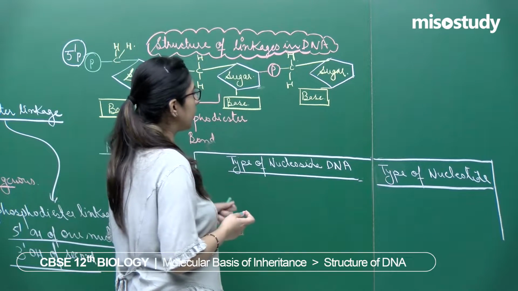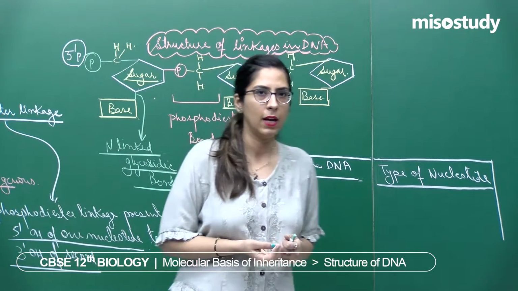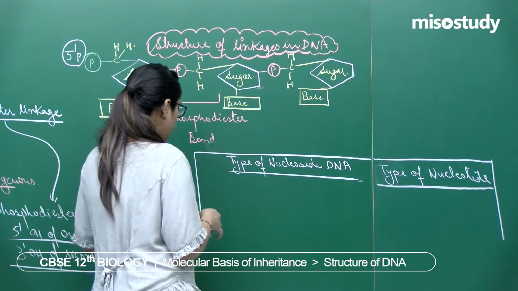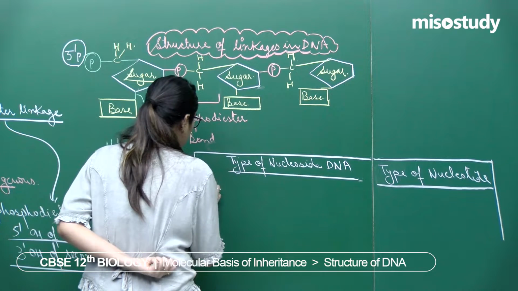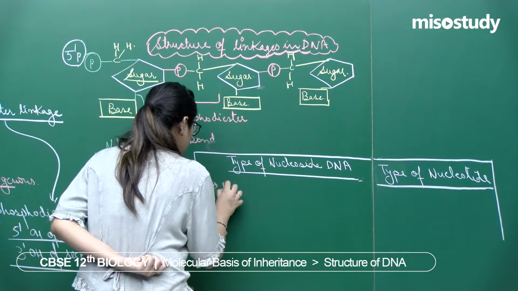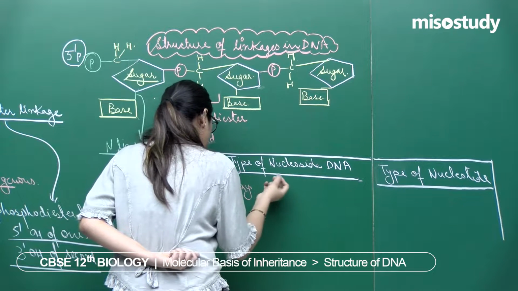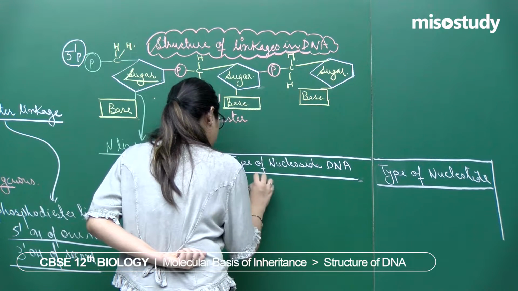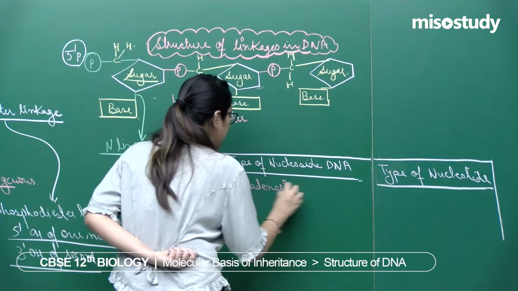First of all, in case of the DNA we are talking about, the nucleosides will be there, right? Oh sorry, deoxynucleosides will be there. First of all, let's talk about, you must have heard of deoxyadenosine. Deoxyadenosine.